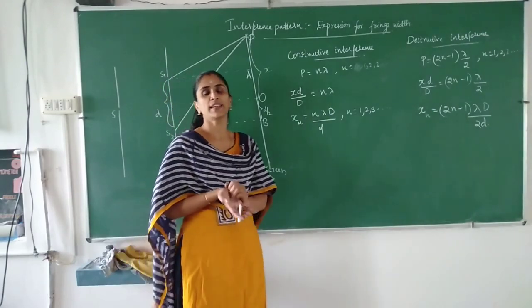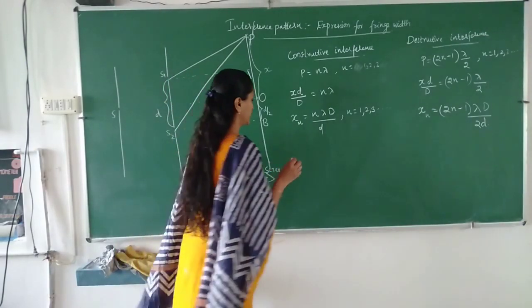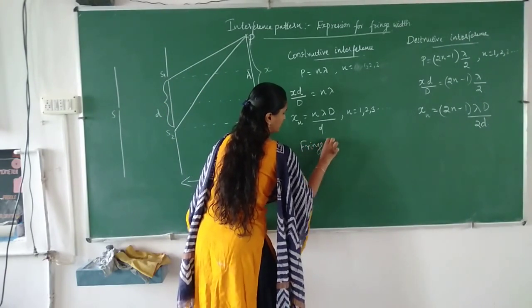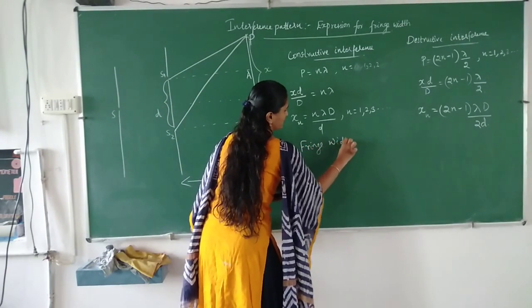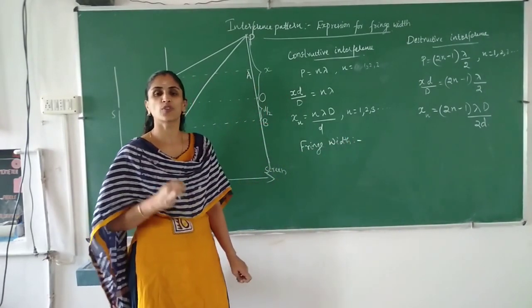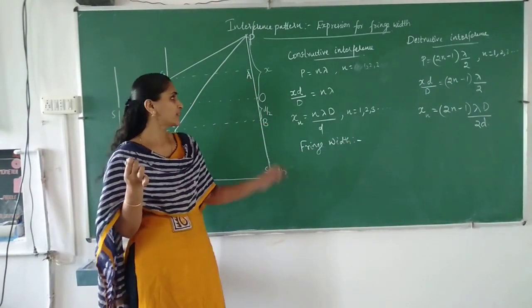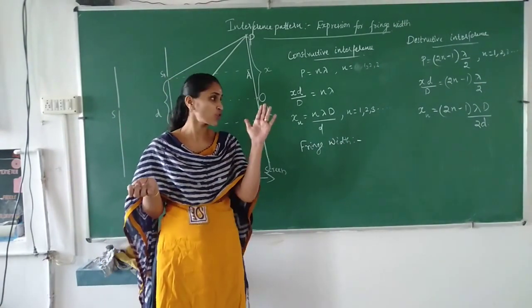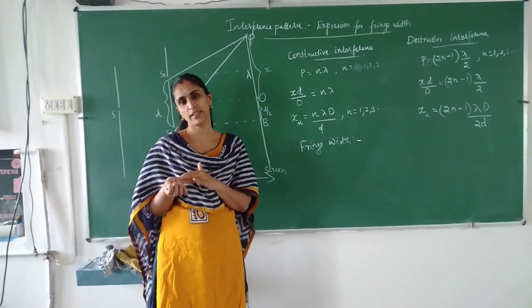Now we can obtain an expression for fringe width. Fringe width means the distance between consecutive bright or dark fringes. Alternate bright and dark fringes will be there.